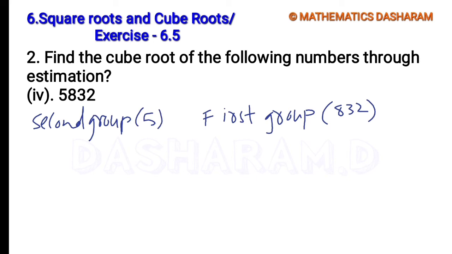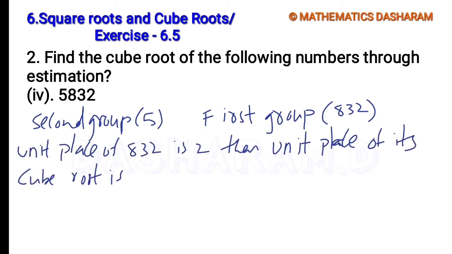From the first group, the unit place of 832 is 2, so the unit place of its cube root is 8. Next, the second group is 5. Second group 5 means 1 cube is less than 5, which is less than 2 cube, because 2 cube is 8 and 1 cube is 1. So 5 lies between 1 and 2 cube.